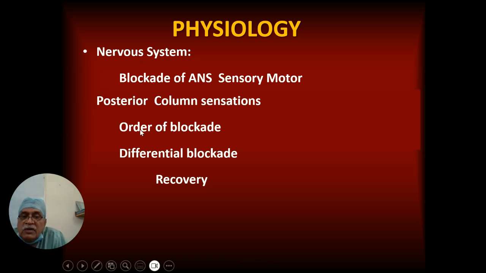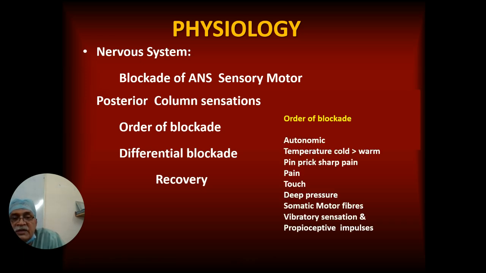The order of blockade is sympathetic, followed by temperature, followed by sharp pricking pain. There is a differential blockade that will occur in patients with spinal anesthesia depending on the concentration used. Recovery will occur in the reverse order of the blockade.